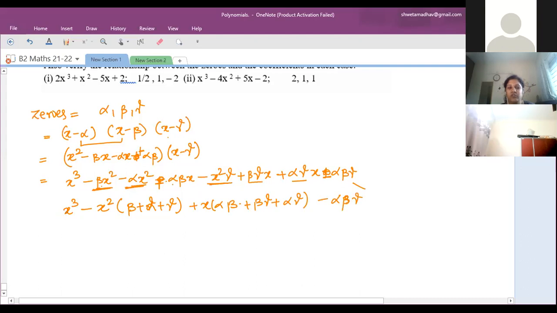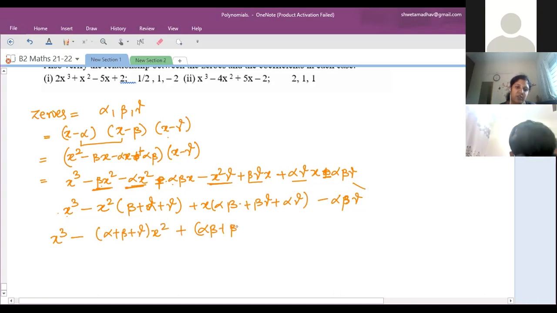So this is a polynomial. The coefficient of x square is minus of this. So it can be written as x cube minus alpha plus beta plus gamma into x square plus alpha beta plus beta gamma plus alpha gamma into x minus alpha beta gamma, which is exactly equal to this, the same polynomial, ax cubed plus bx square plus cx plus d.